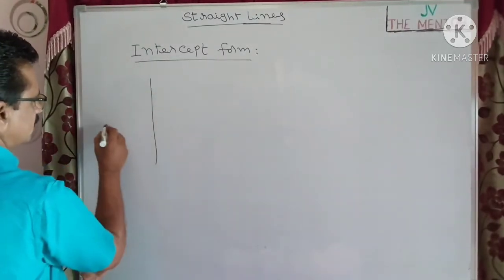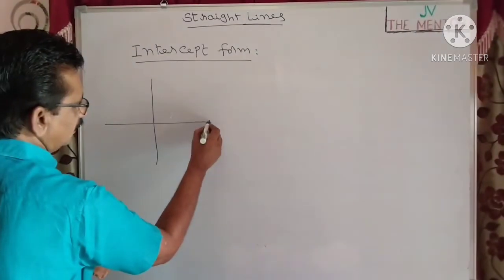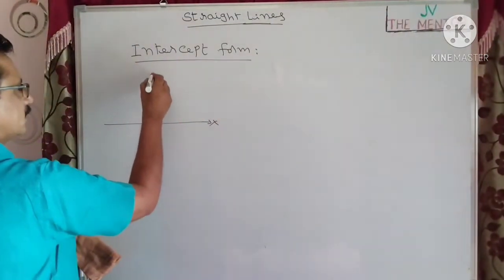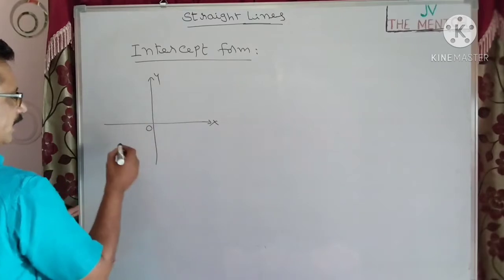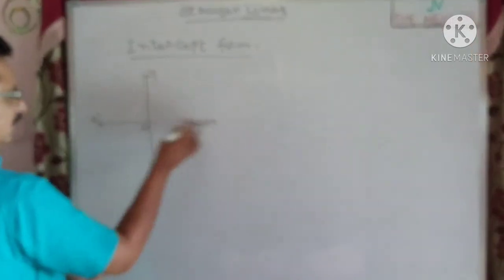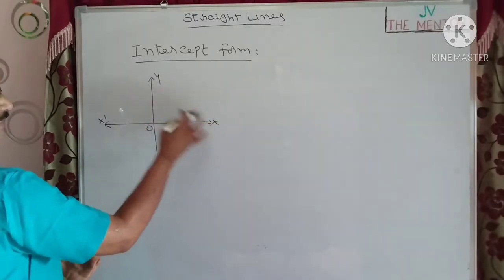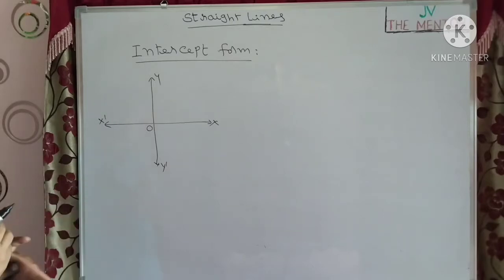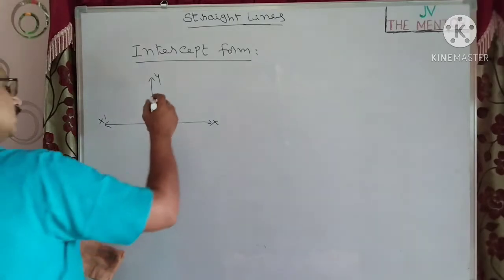Taking the coordinate axis, these are the coordinate axes: x-axis, y-axis, x dash, x, y dash, y. This is the y-axis. This is a line.